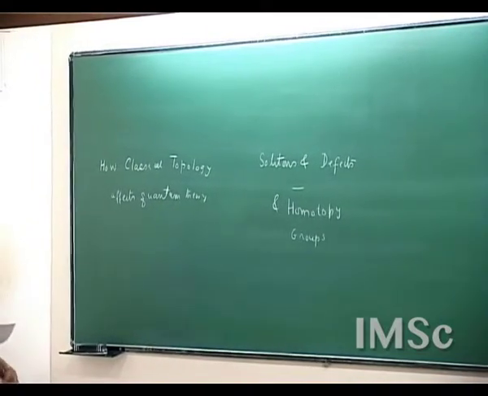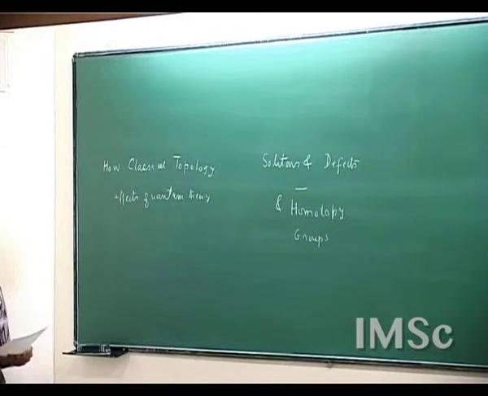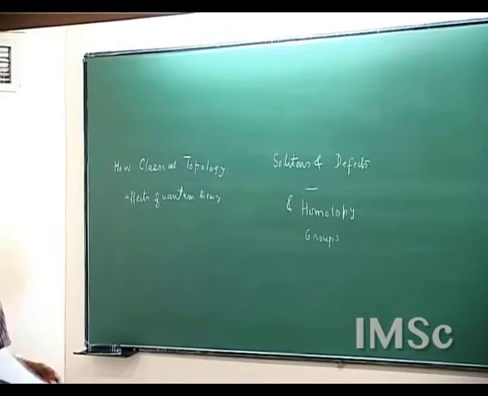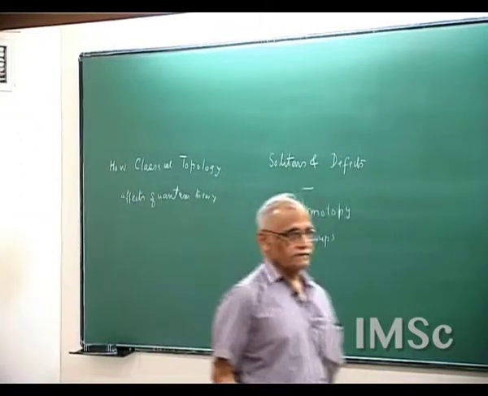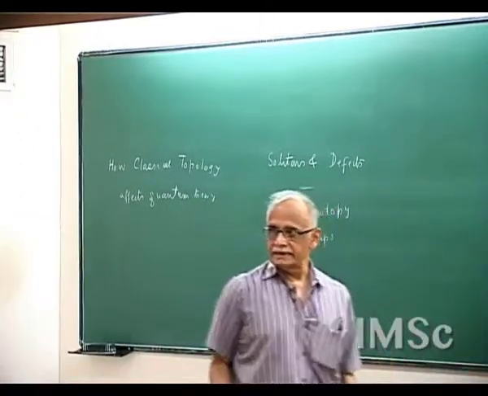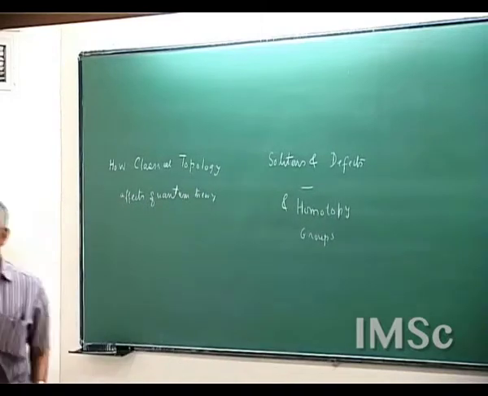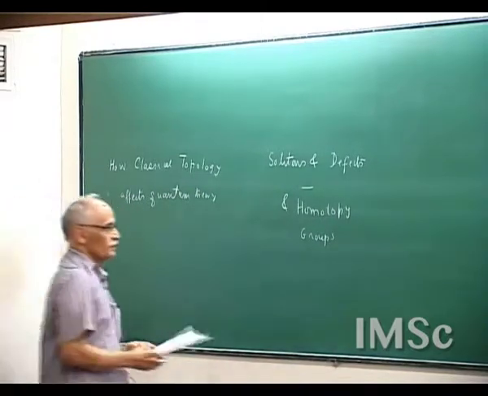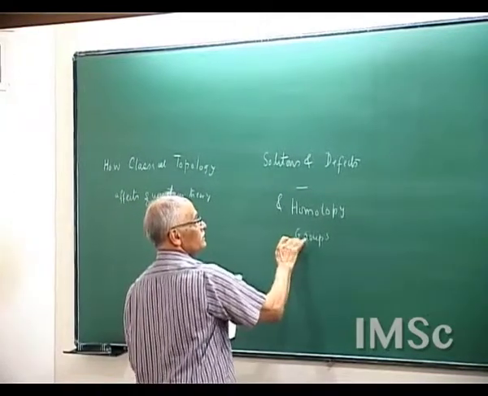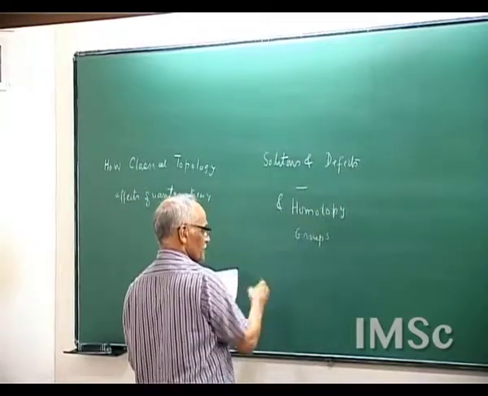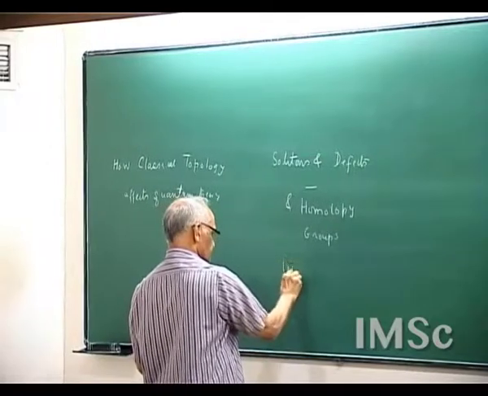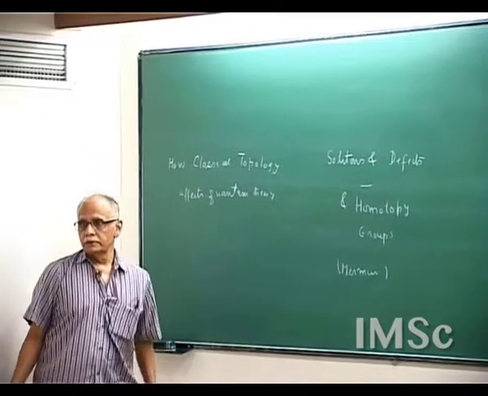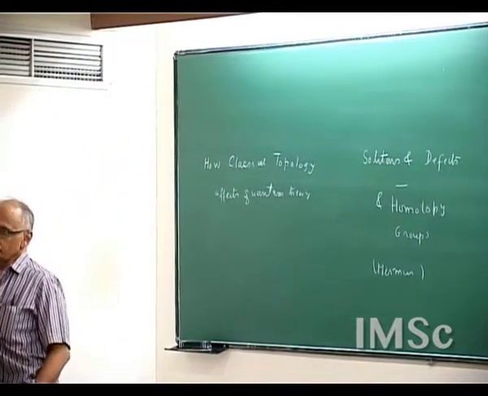I had written down the books on which I have based these things. They are books that we have written naturally, and they will be supplemented by material from outside. In particular, for the study of defects, while for homotopy groups there are maths books, there is in particular a review article by Mermin in Reviews of Modern Physics, which is highly recommended.